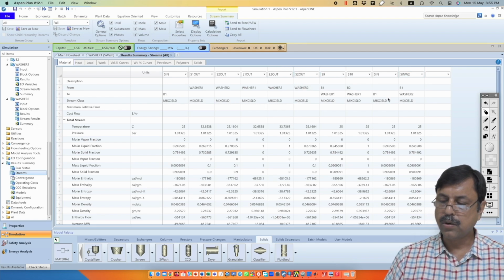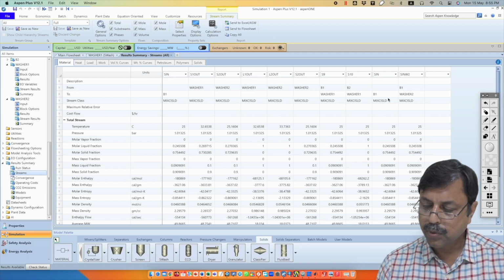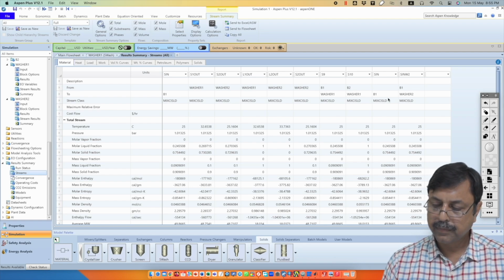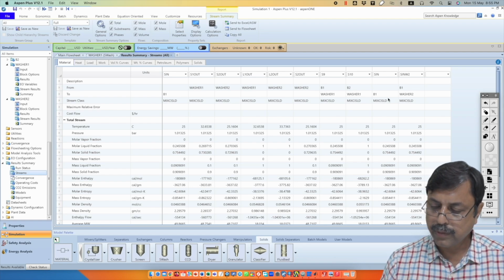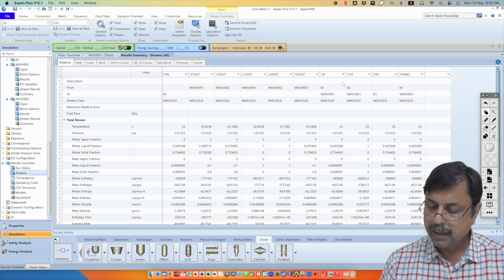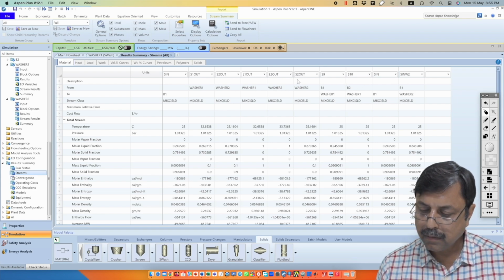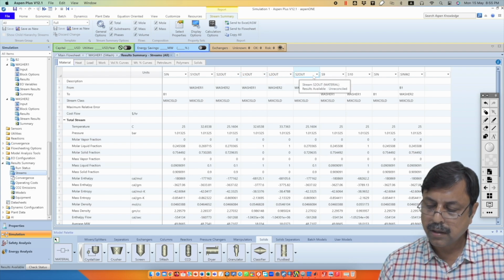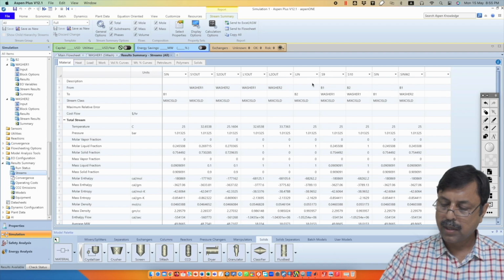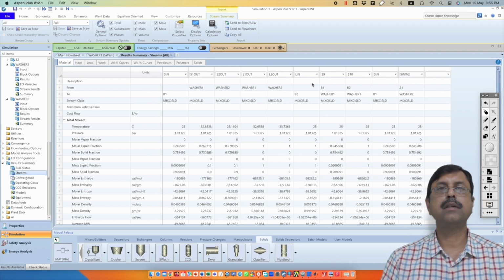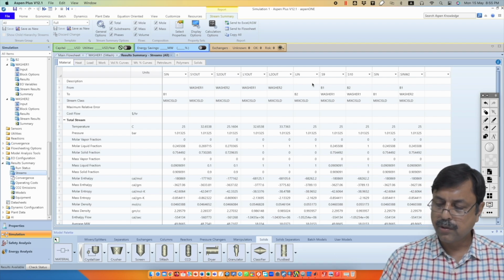Rest of the things are not important for us. Okay, lean also we have to write. So it is LIN, that is entry. So that is the input. Input always it is 1000 kg per hour. So it was not that important.